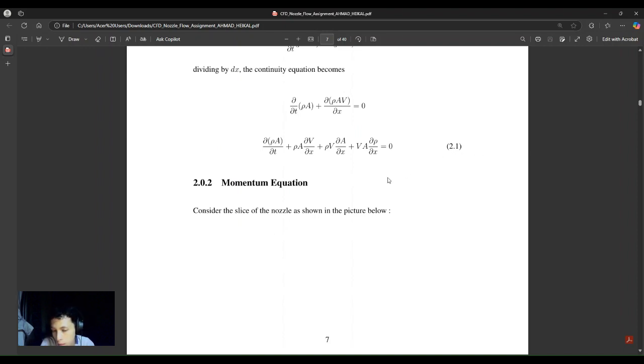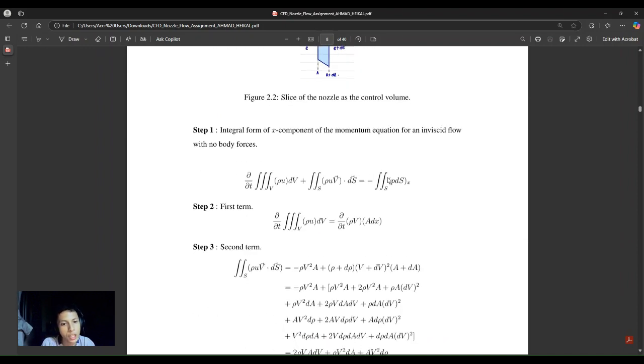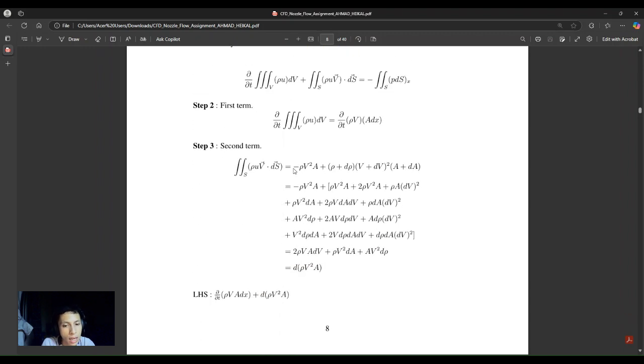For the momentum equation, as I said before, we are going to consider the same nozzle slice, in which we derive the momentum equation from the integral form of the x component of the momentum equation for an inviscid fluid with no body forces.